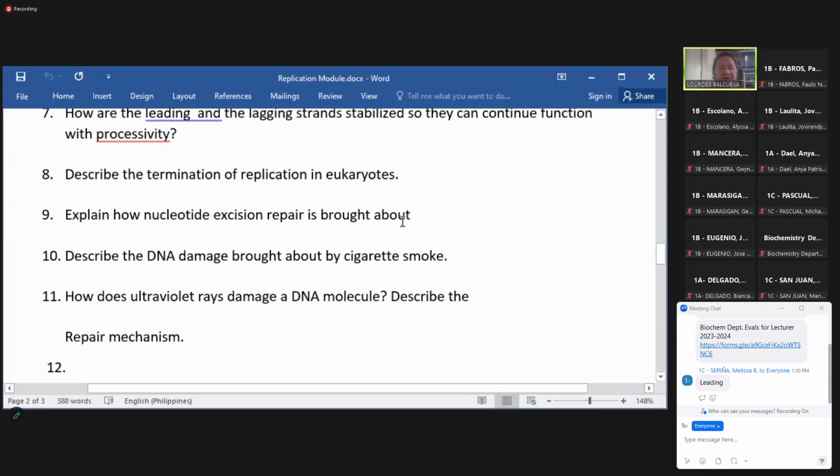Explain how nucleotide excision repair is brought about. Nucleotide excision. So, buong nucleotide.